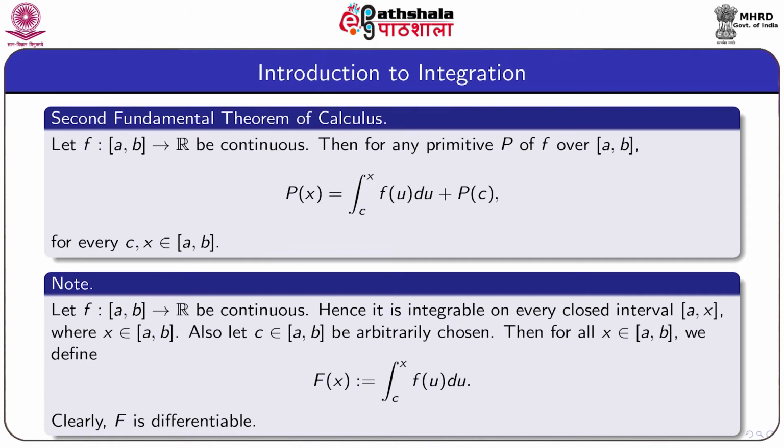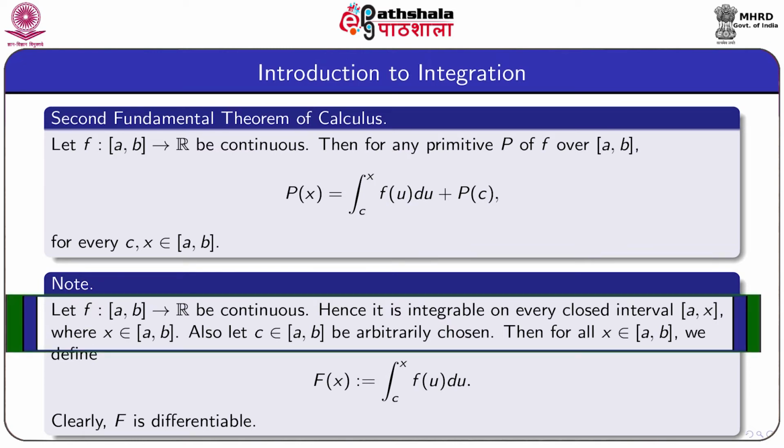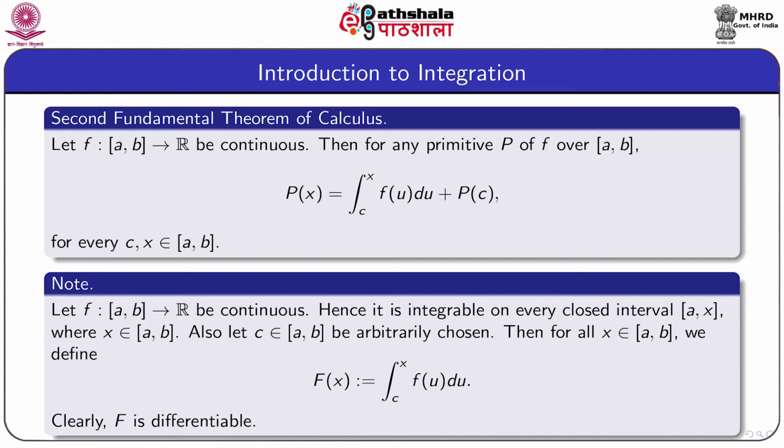Now we shall study another version of this. Let small f from AB to R be continuous. Hence, it is integrable on every closed interval a to x, where x is an arbitrary point in the bounded closed interval AB. Also, let c be a point arbitrarily chosen from the bounded closed interval AB.